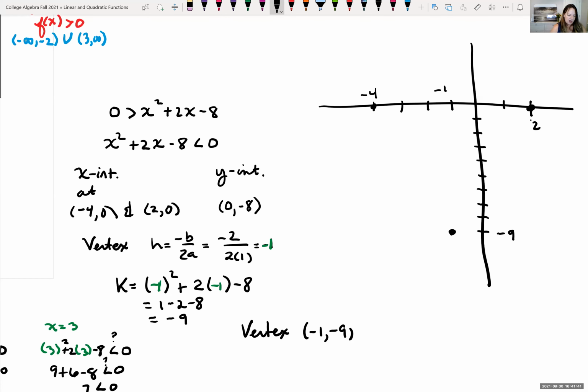And we found that the y-intercept was at -8. And so if we look at the graph, it looks like this.